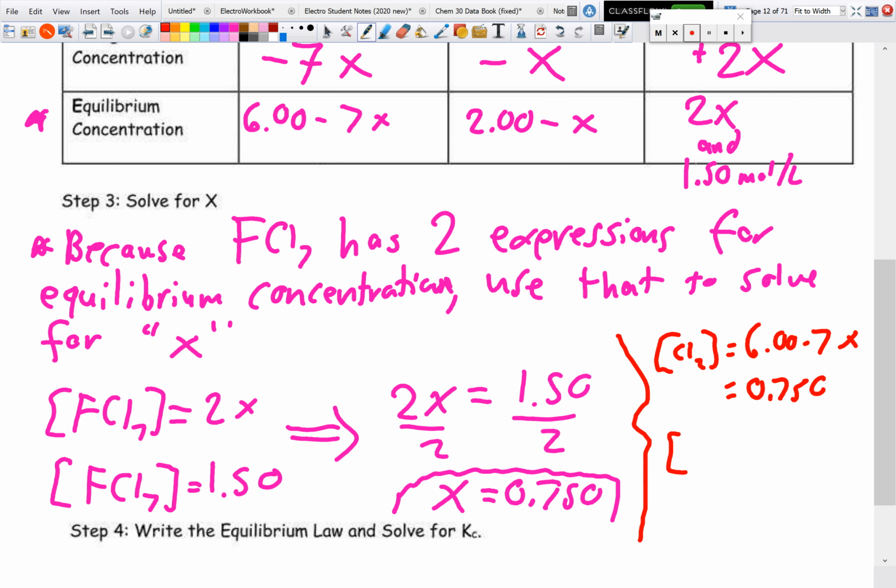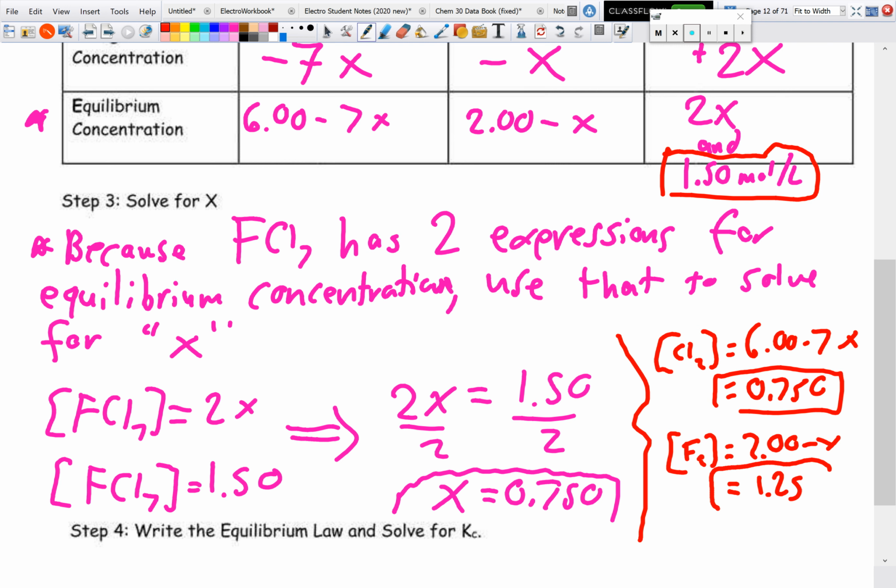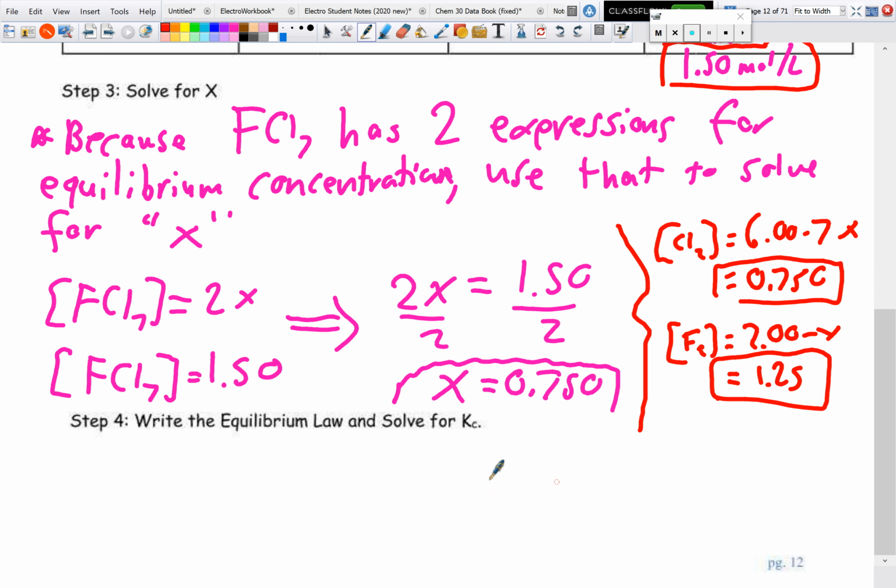And concentration of fluorine was equal to 2.00 minus x. You plug that in, and we get 1.25. All right, so we have concentration at equilibrium for each species. So now we can finally solve our equilibrium constant. And that is our last step.